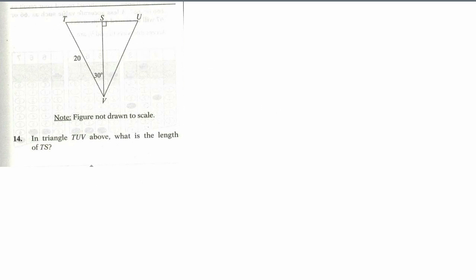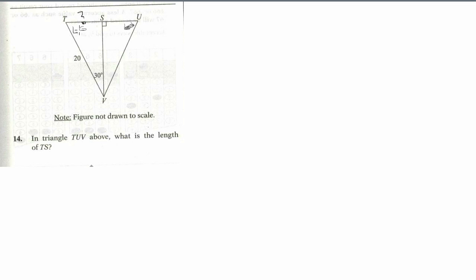In the triangle TUV, what is the length of TS? So they want to know what is this. Right, so this here, 60, this here also needs to be 60. That's not true. Doesn't have to be. That does not have to be 60.